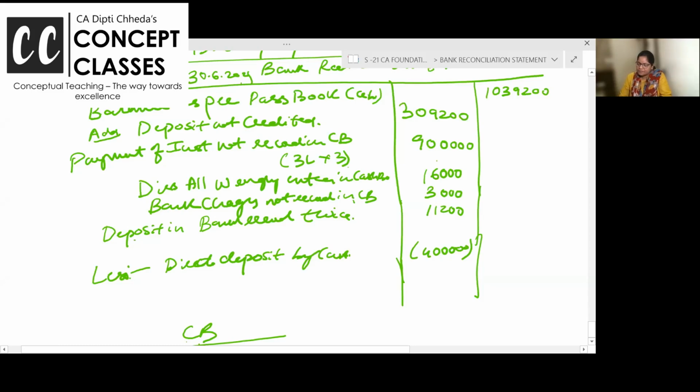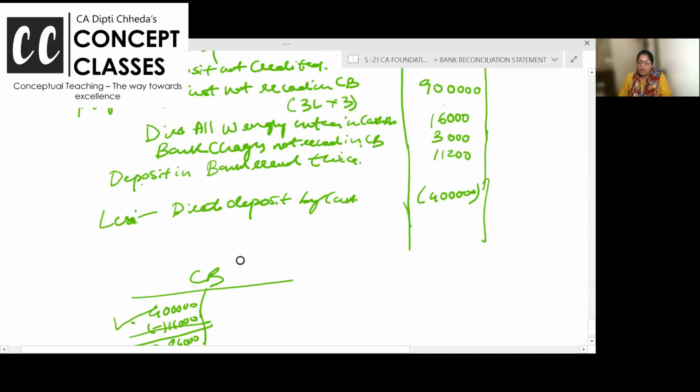Credit. Already it is there. 11 lakhs. Check return. Not recorded in cash book.